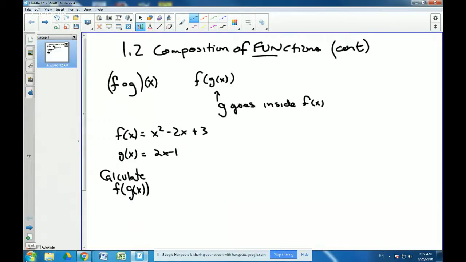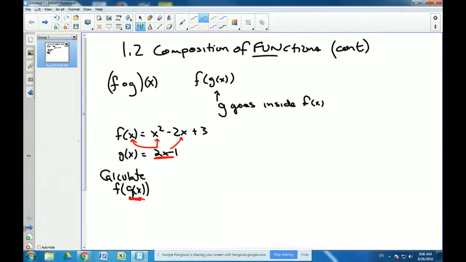Sometimes that is a disaster, but basically what we're looking at, this is inside f. So I'm going to take this here and put it in for every x value.